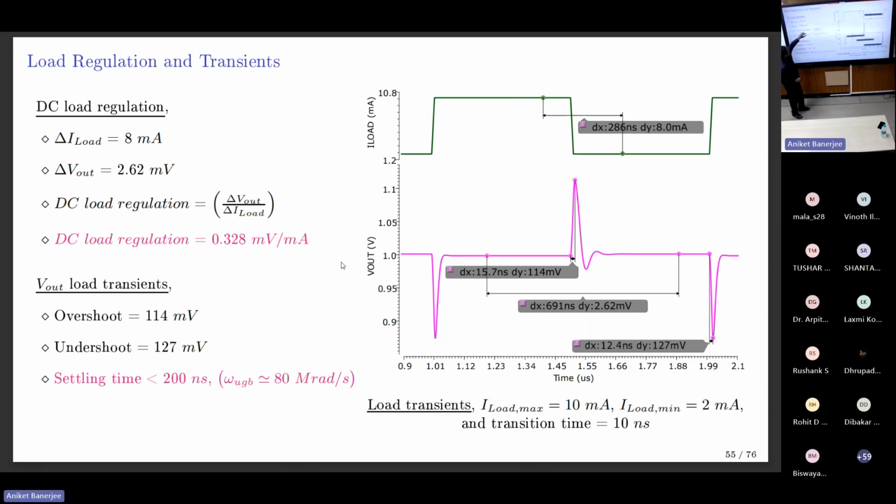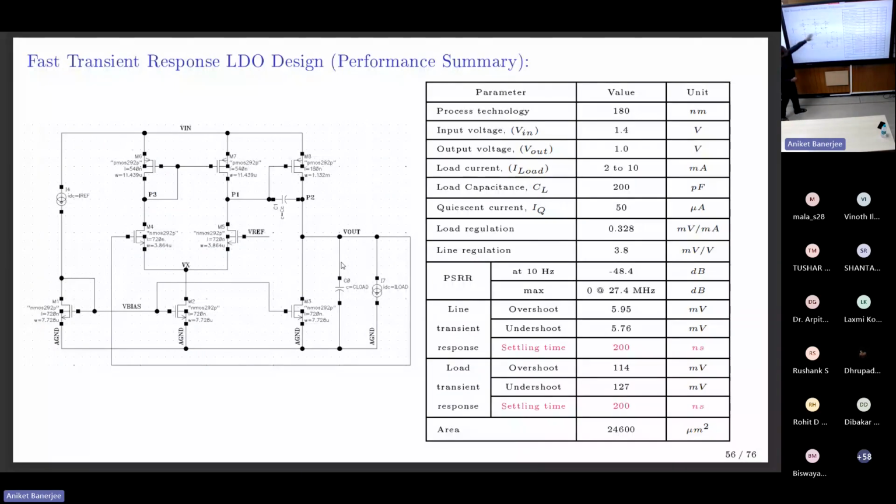Again, the DC load regulation, line regulation, all tied to loop gain and output resistance and things like that. All this is okay. This is what we want to see. This is the summary of fast transient response. Given all these things, now instead of the DC PSRR and wideband PSRR spec like in the previous case, in this case there are two performance metrics: the DC PSRR plus the transient response.